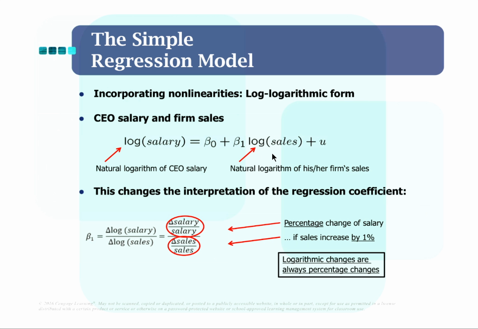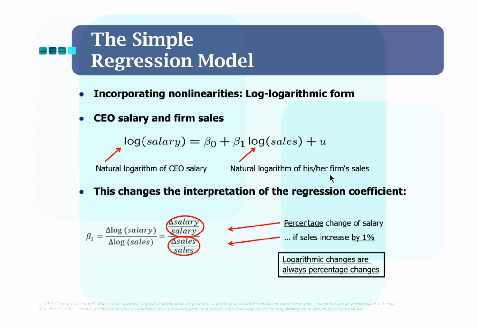Again, by taking this form to do the regression, it also changes the interpretation of the regression coefficients. Now this beta 1 means that, for example, this is a CEO salary and firm sales regression equation. Okay, so the dependent variable is the natural logarithm of CEO salary, and the independent variable is the natural logarithm of the CEO's firm's sales.